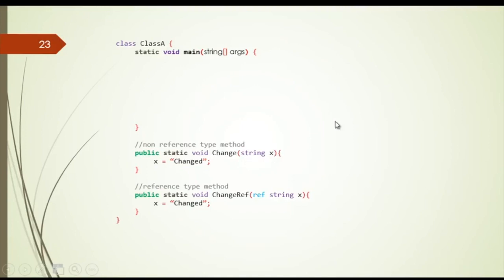Primitive types are char, int, double, decimal, date, something like that. But if you look up C# primitive types, you'll see the long list. Other than that, all are non-primitive types. So string is a non-primitive type. So when you pass a string, it should be changed and give you a different result than what you expect.